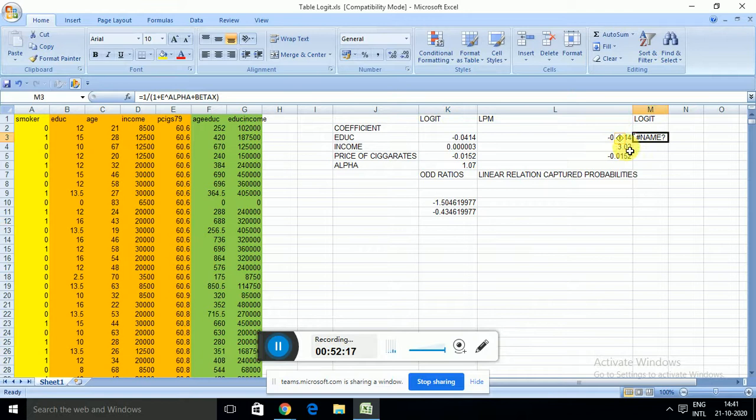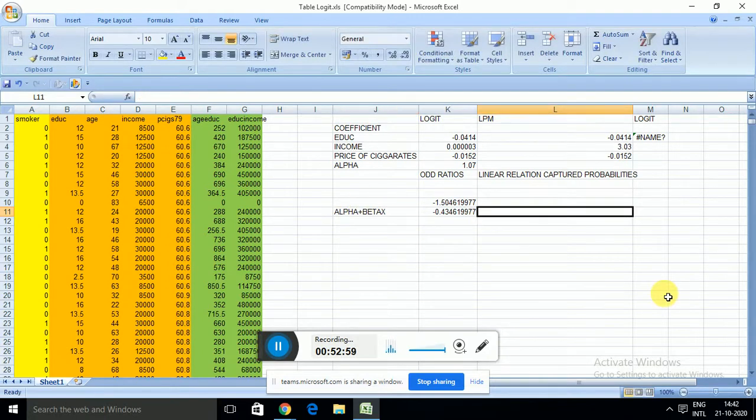Now if I want to figure out the probability of a particular person with this criteria, who has 15 years of education, who is 28 years old, and who is earning an income of $12,500, what is the probability of this particular guy smoking or not smoking? So this is my alpha plus beta x, where x is my explanatory variable.